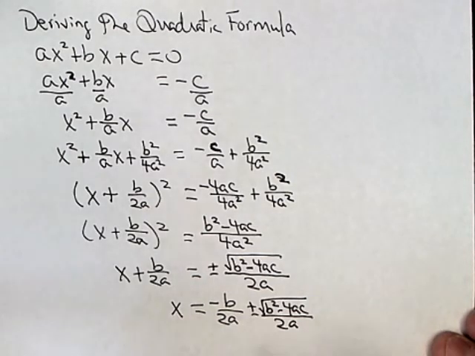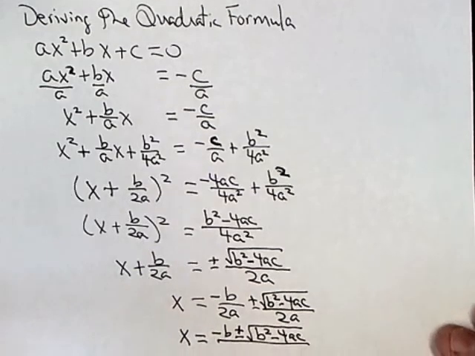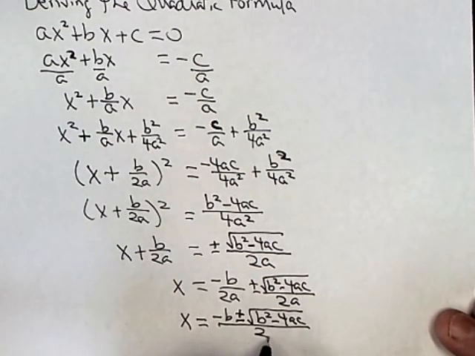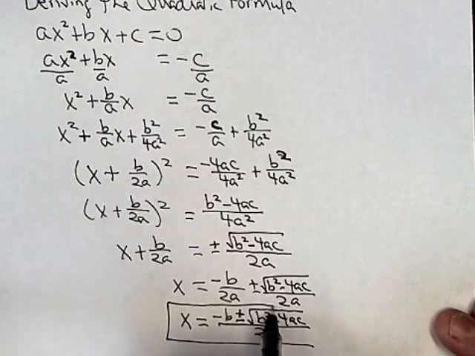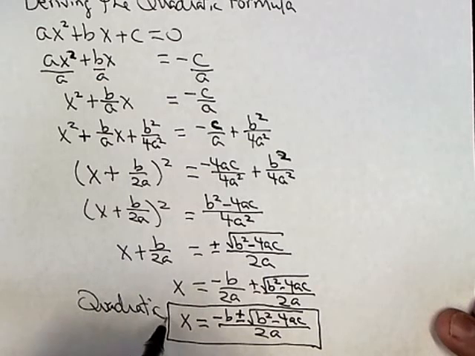And last but not least, there's already a common denominator, so I can write that a little nicer as minus b plus or minus the square root of b squared minus 4ac all over the quantity 2a. And this result is what we know as the quadratic formula. So if you've never seen it derived, you can now see where it comes from.